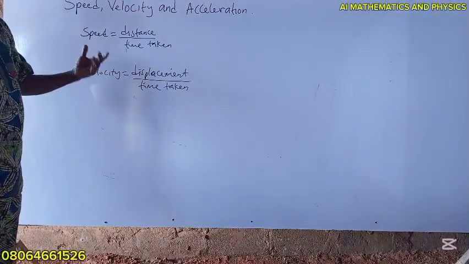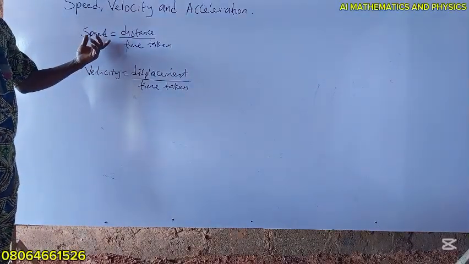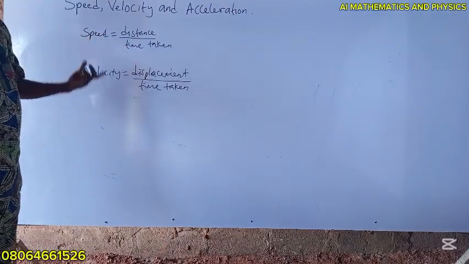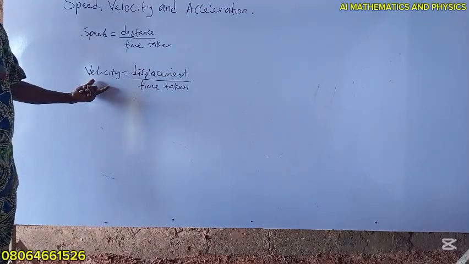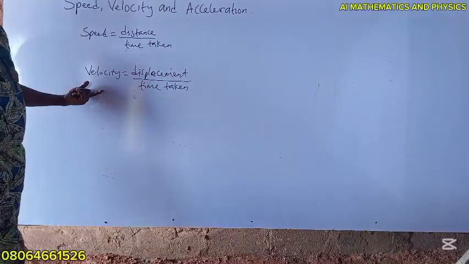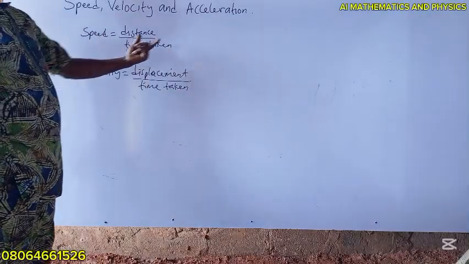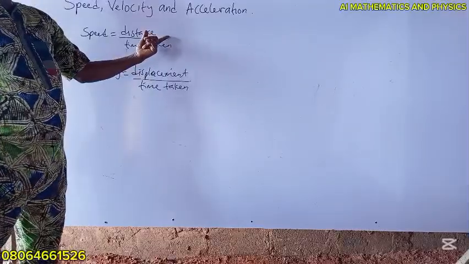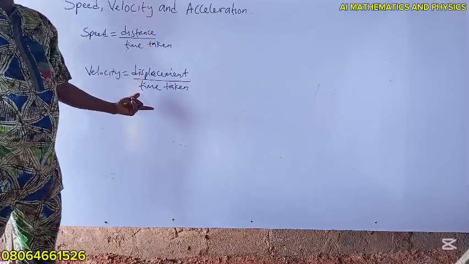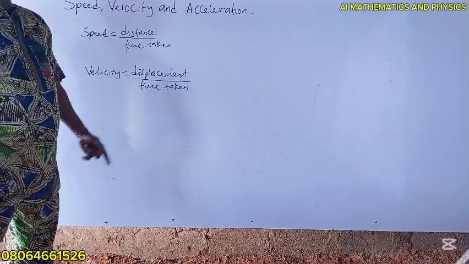The difference between these two is that speed is a scalar quantity, while velocity is a vector quantity. And they have the same unit, that is meters per second.